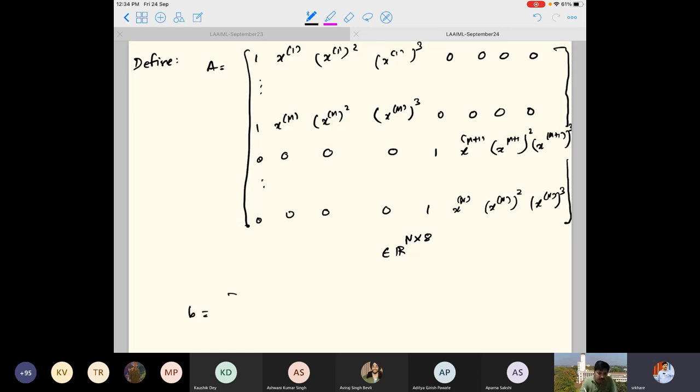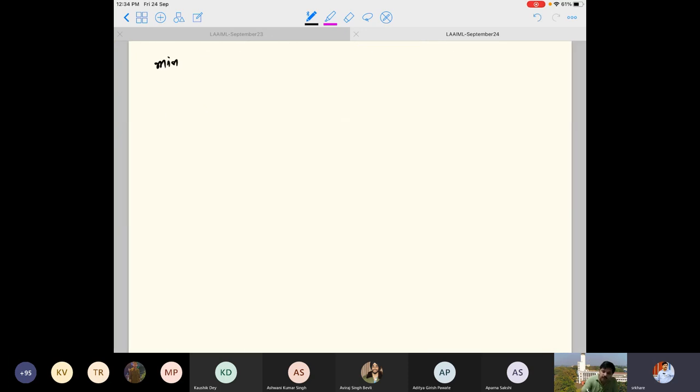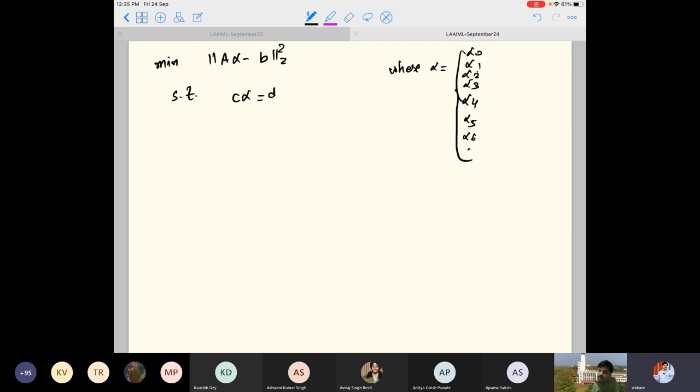And the matrix B, what is the matrix B? The matrix B is obviously y1, ..., ym, ym plus 1, ..., yn, right? So this is a vector in R n. And what is the problem that I am solving now? The problem is to minimize the norm of A alpha minus B, squared, subject to the constraint that C alpha is equal to D, where alpha is equal to alpha 0 through alpha 7.